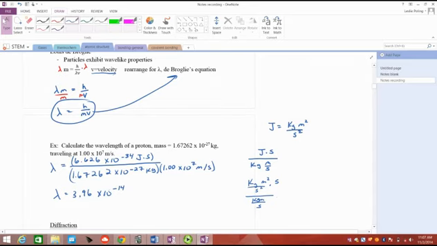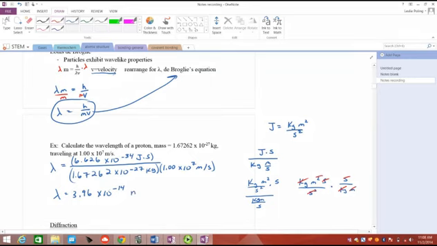Well, dividing is the same as multiplying by the reciprocal. So, kilogram meters squared times seconds over seconds squared times seconds over kilograms and meters. So we've got seconds squared and we've got 2 seconds. We've got kilograms on the top and kilograms on the bottom. We have 1 meter on the bottom and 2 meters on the top.